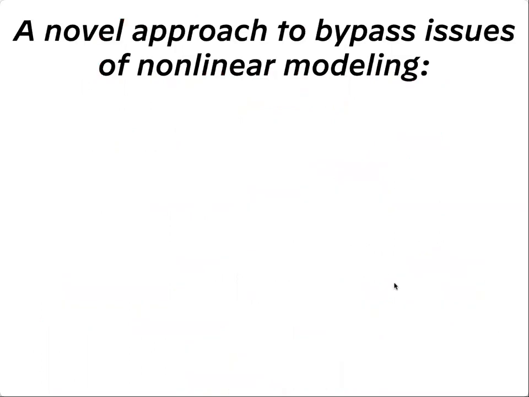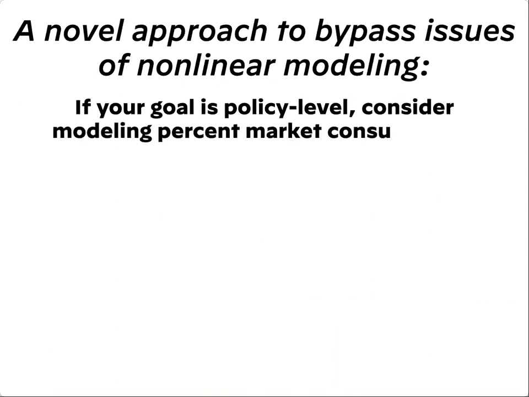Okay, so those are some of the issues we've talked about with error variance and how you're handling things, and what to do with all the different K values, et cetera. Something that I've moved to in my own work, especially when doing policy level questions, is to consider modeling percent market consumption.